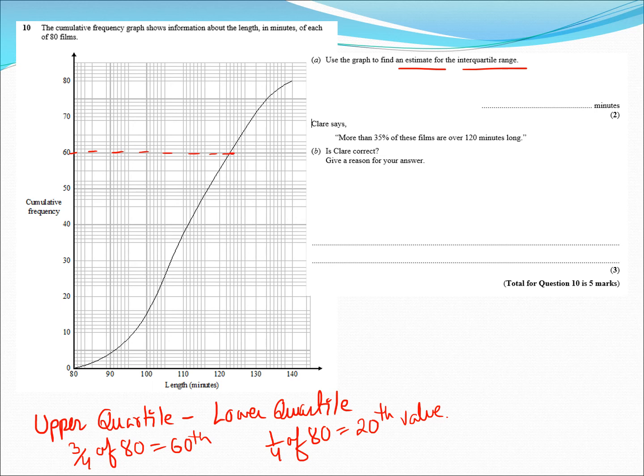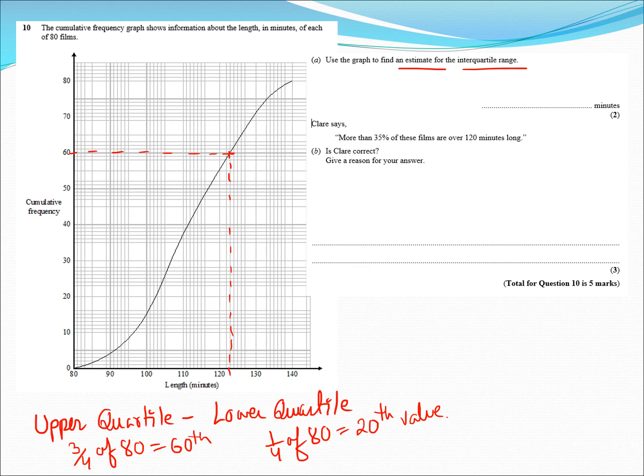Okay, so if I check from this point down, and I strongly advise you to use a ruler for this task and to get the accurate figure, that's about 124, I would say.